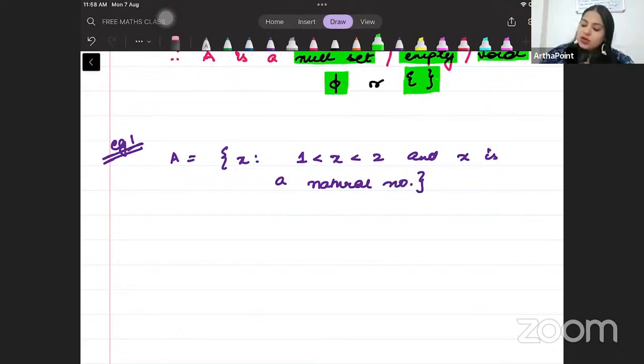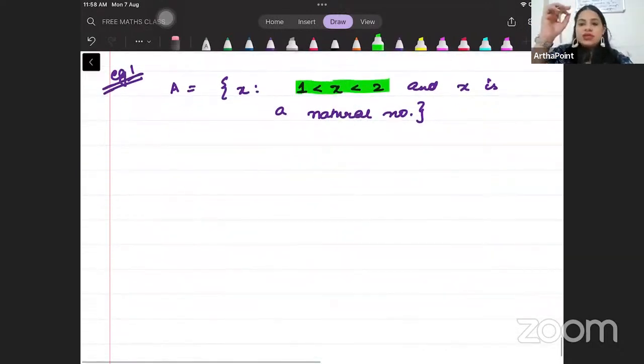Now in this interval that I have written, it is not including 1, 1 से बड़ा होना चाहिए, not including 2, 2 से कम होना चाहिए, मतलब 1 और 2 के बीच में होना चाहिए. तो ऐसा कोई नंबर जो 1 और 2 के बीच में है, पर natural number है, तो possible नहीं है, because natural numbers are 1, 2, 3 and so on. So beta, this becomes an empty set.